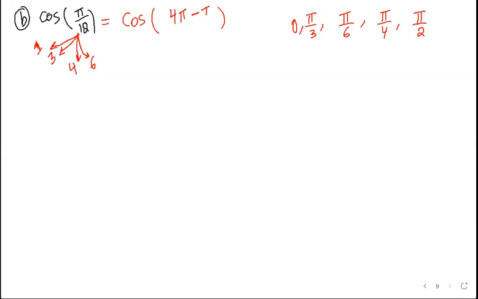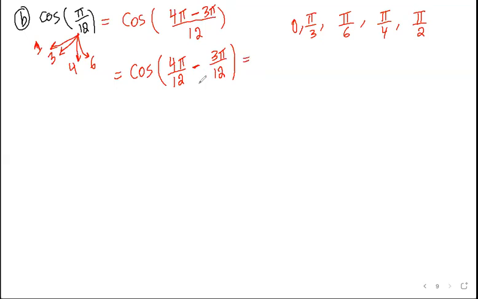Oh, hold on. No, but 4 pi minus 3 pi over 12, because 4 pi minus 3 pi is 1 pi, so 1 pi over 12. Exactly. So now I can divide it by 12 like this: cosine of 4 pi over 12 minus 3 pi over 12.